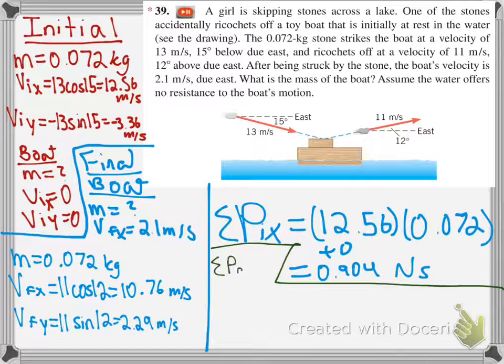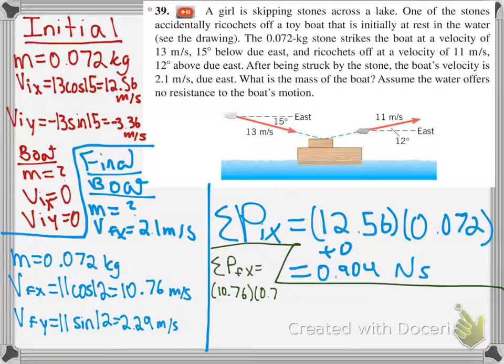Okay. Now for the final momentum in the x, we're still just plugging everything in. First, before we used 12.56, because that was the initial velocity in the x for the rock, and now we're going to use 10.76 because that's the final velocity of the rock.